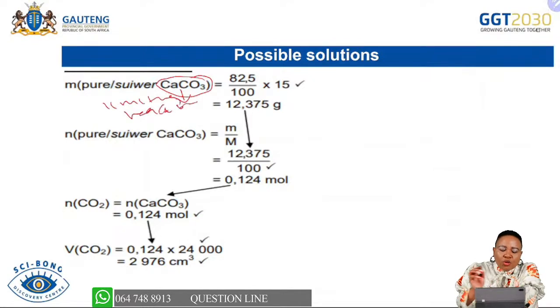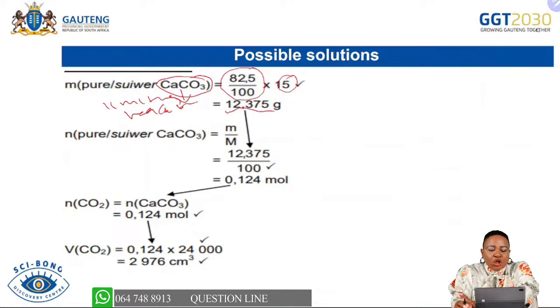So we are going to calculate the mass of calcium carbonate so that we can find the number of moles of calcium carbonate. We know that 82.5%, which is 82.5 divided by 100, multiplied by the mass of calcium carbonate, which is 15, gives the mass of calcium carbonate as 12.375 grams. We take the mass of calcium carbonate and use also the molar mass of calcium carbonate.